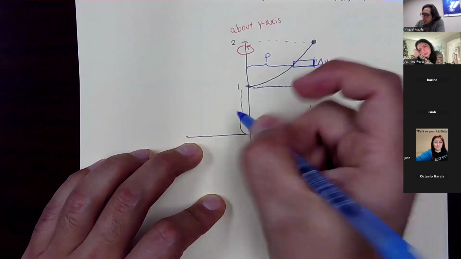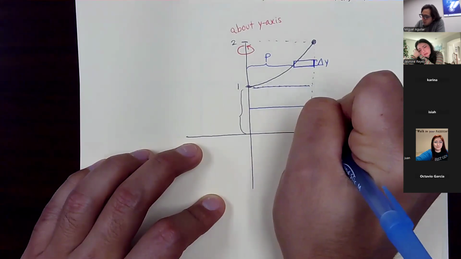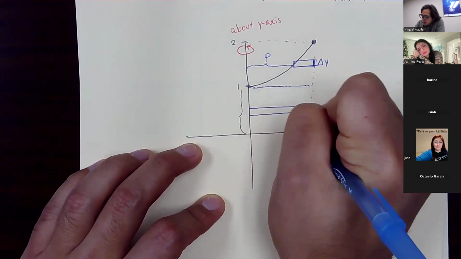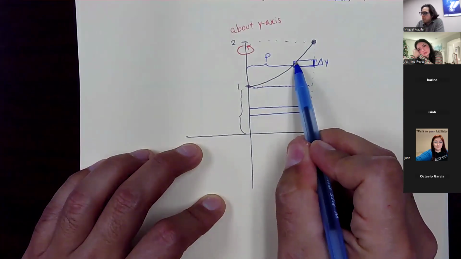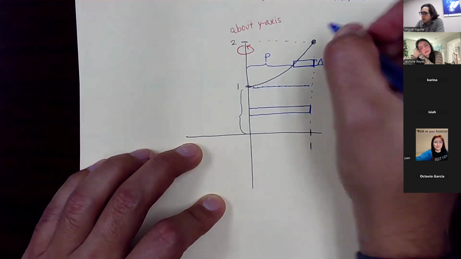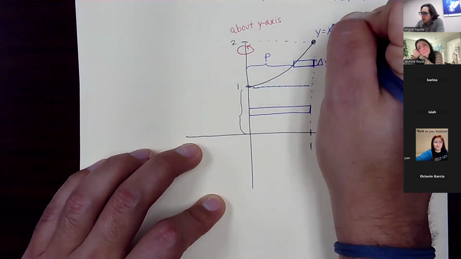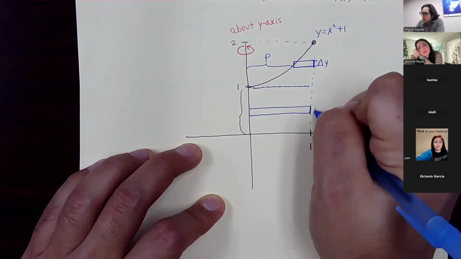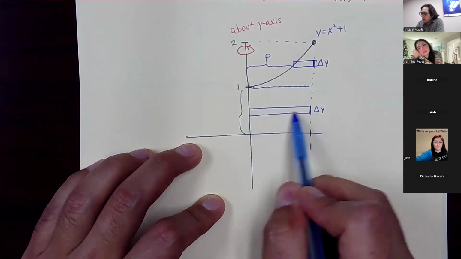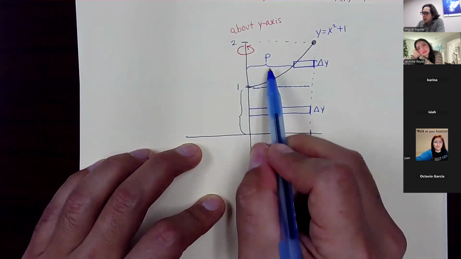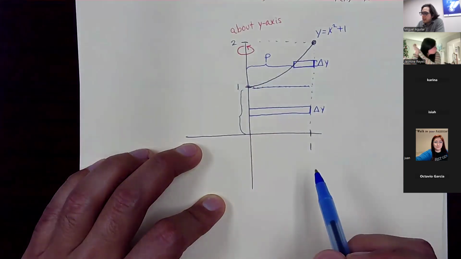But then down here, this rectangle has nothing to do with the function, right? Because the function is right here. This is y equals x squared plus 1. So this is a delta y. And also, this shape down here doesn't seem like it has a hole cut out of it. There's no inner radius, right?